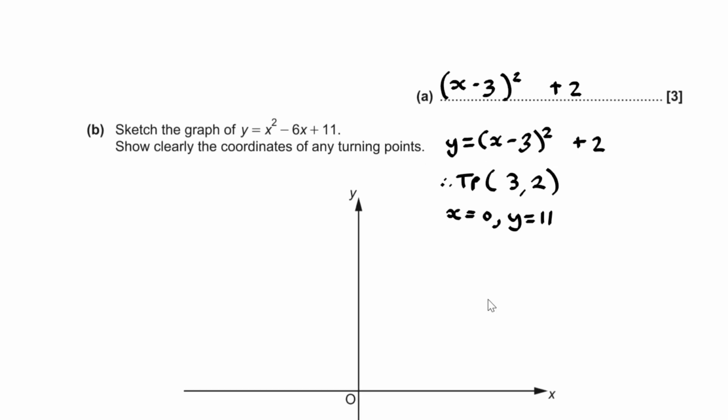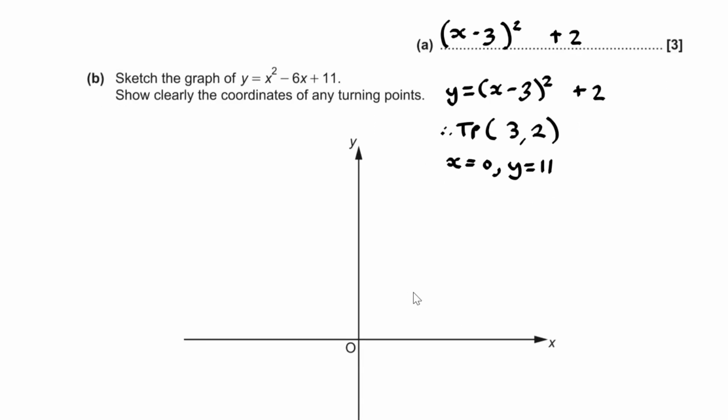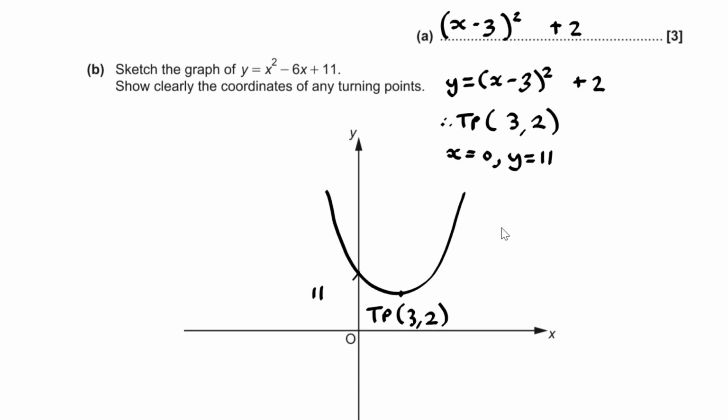So we sketch a quadratic with the minimum turning point being in this first quadrant. So we have something looking like this. Here it crosses at 11. Here is the turning point with coordinates 3, 2. So here we've got the graph that we wanted to show.